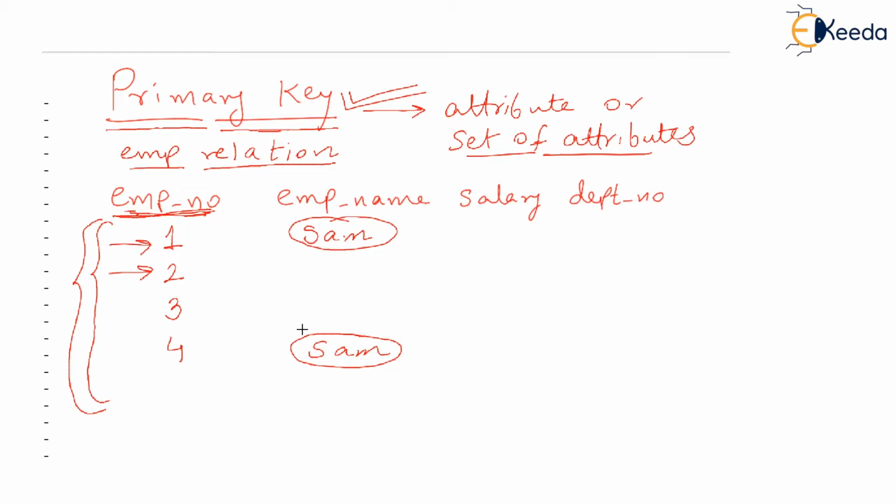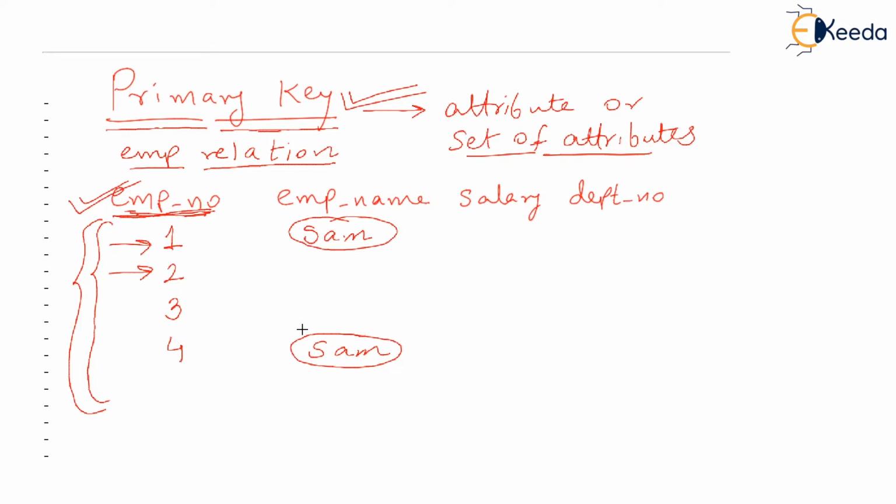It cannot be null. So two properties of primary key are: it is a column of a table or list of columns which have unique, distinct values, and the value in this column cannot be null, cannot be empty. So employee number is the primary key of this table.